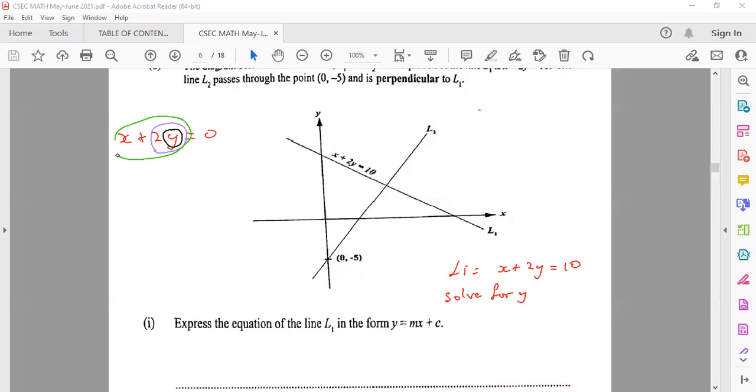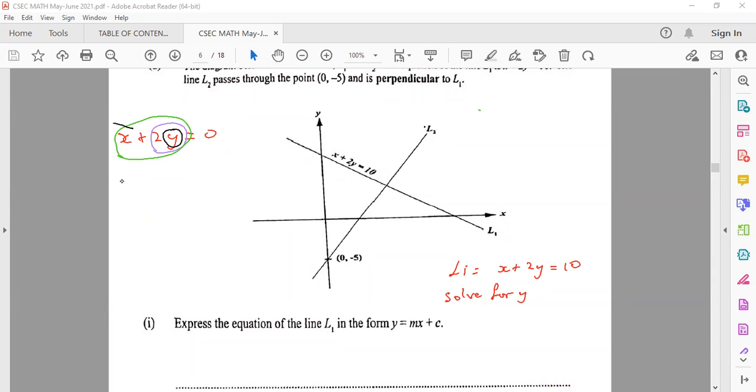Now, anytime you're cutting an onion, we start from the outside going in. So I need to get rid of this layer, and inside this layer is x. What is the x doing? The x is adding. So in order to get rid of this x, I need to subtract from both sides.